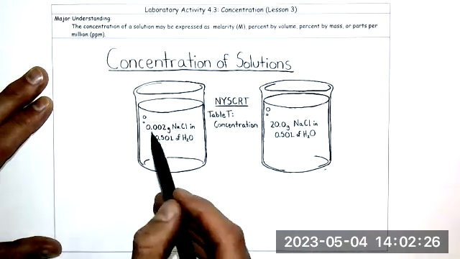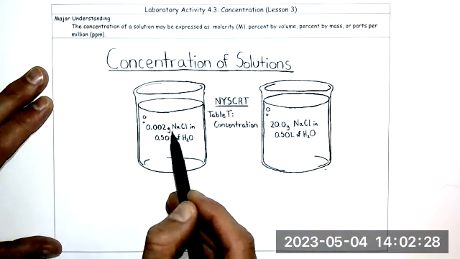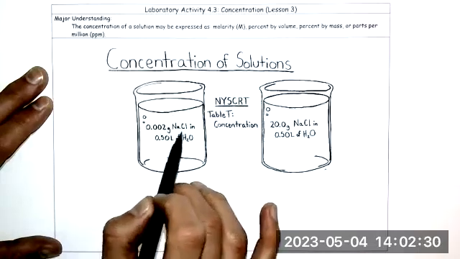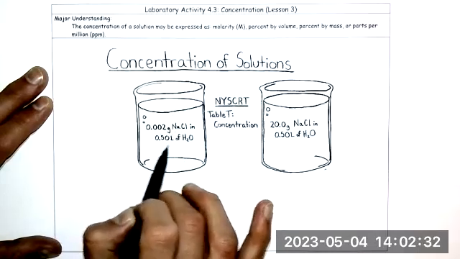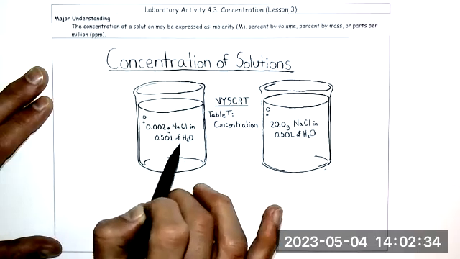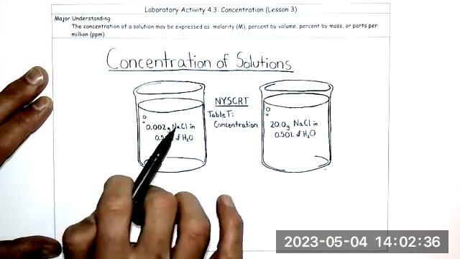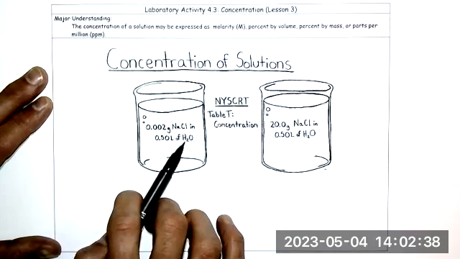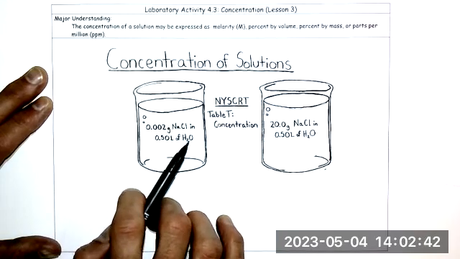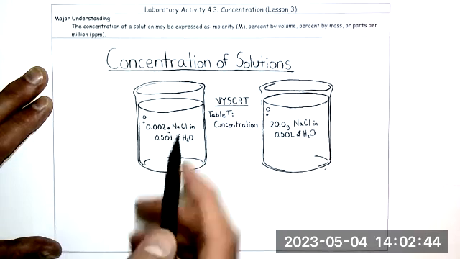The first one is 0.002 grams or 2 milligrams of sodium chloride in 0.50 liters of water, where NaCl is our solute and water is our solvent. This would be what we call a dilute solution.